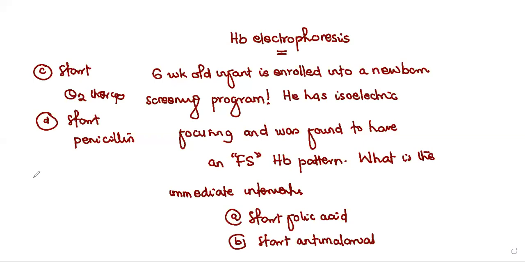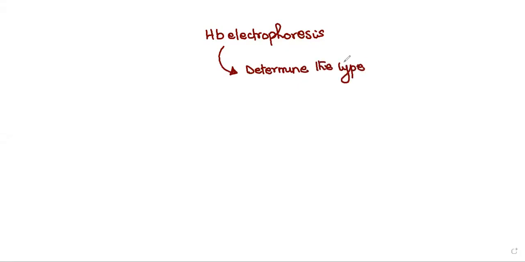Yes, Doc. So in plain terms, I don't believe in telling you technical definitions when there is no need. When you hear of HB electrophoresis, you are trying to determine the type of HB in a patient's red blood cell.